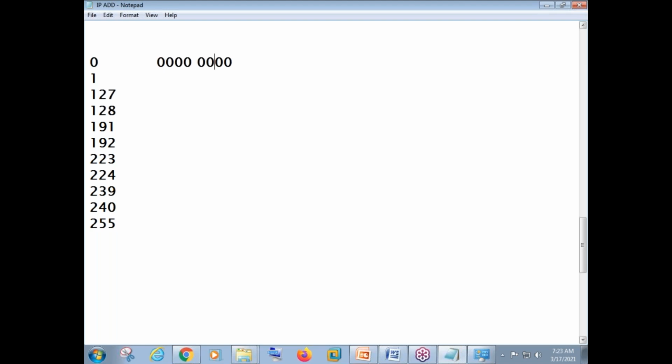I'll just give some gap here so that it will be easy to understand. And 1 will be, 127 will be, 128, 191 will be like 10.